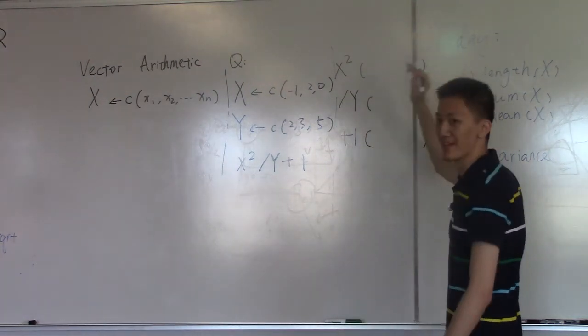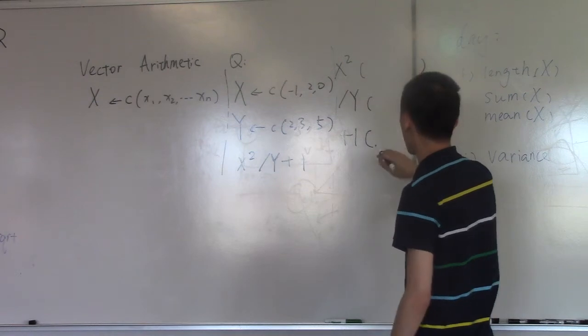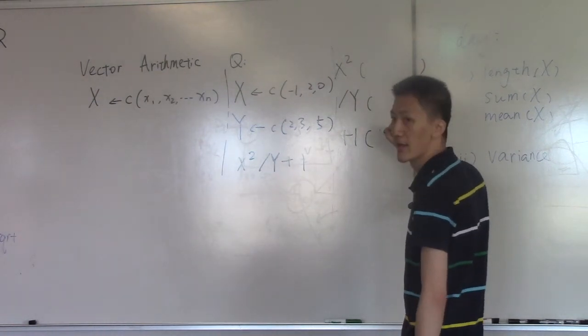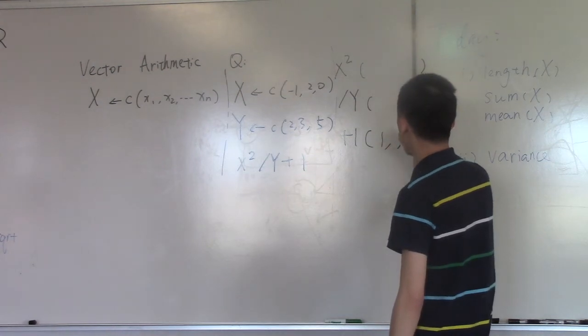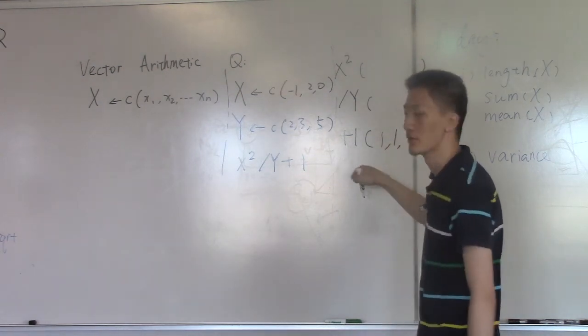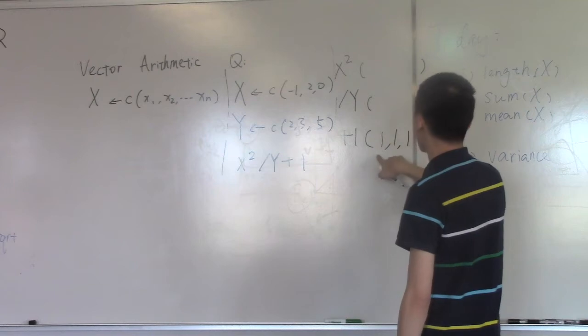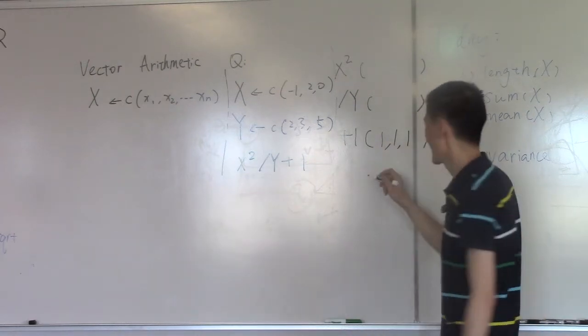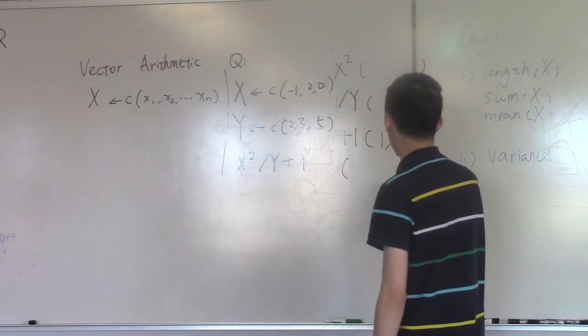Excuse me, I'm running out of space now. So just a little hint here. You can treat 1 as a vector, and each of its 3 components is also 1. So anyone want to give a try at the answer?